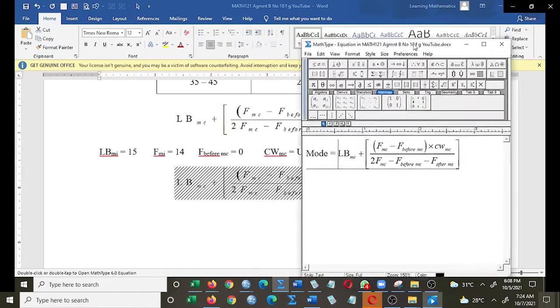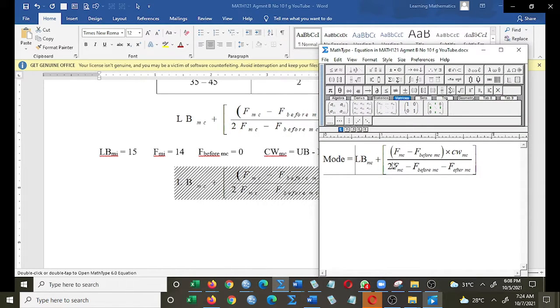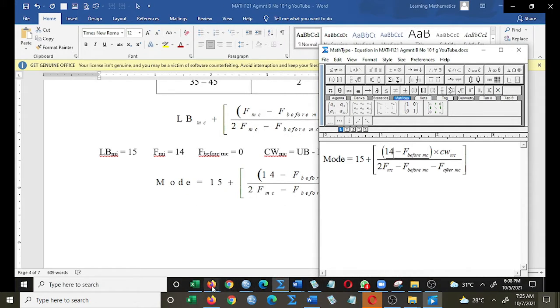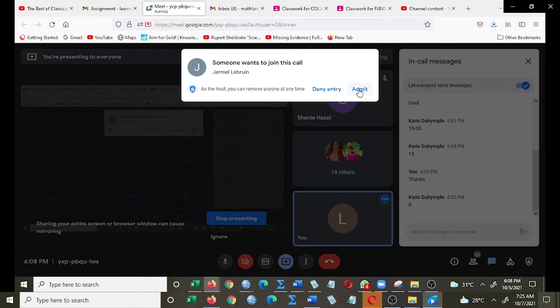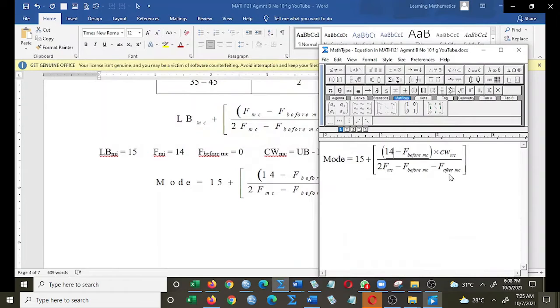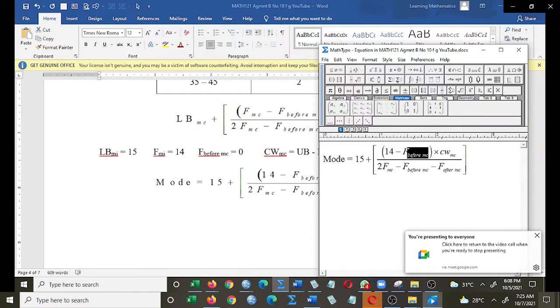So what did we put for our lower boundary of the modal class? 15, right? The frequency of the modal class is actually 14. The frequency before is 0. Group width is 5.